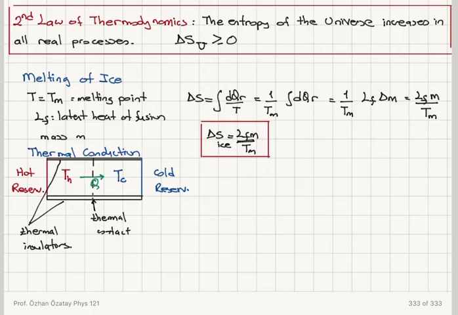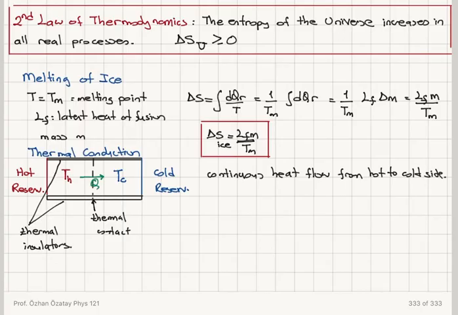But because I have a hot reservoir and a cold reservoir that have a very large heat capacity, it's almost impossible to change their temperatures. The temperature is fixed. Then I'm going to expect that a continuous heat flow will occur, in which direction? From hot to cold side.